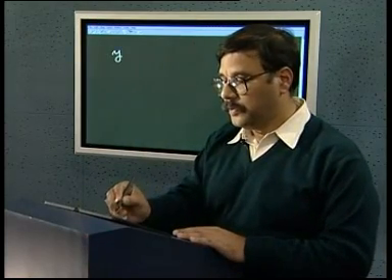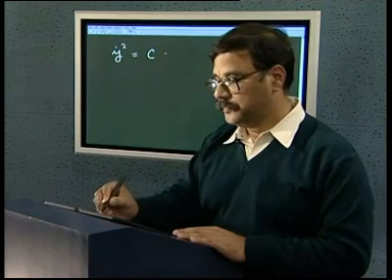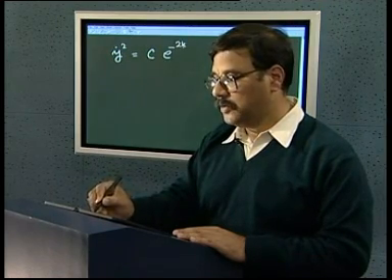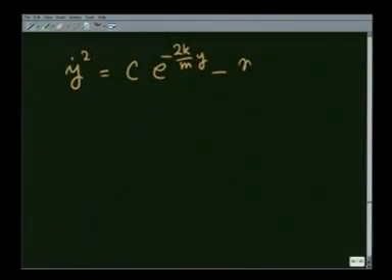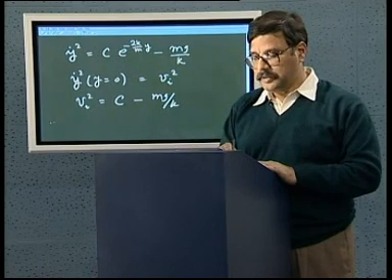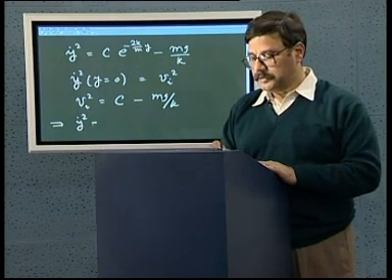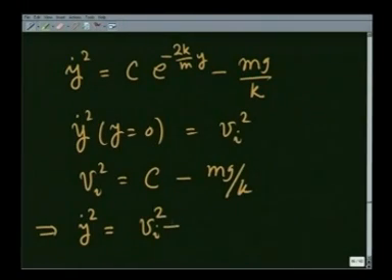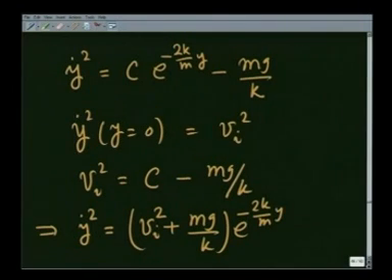So I have y dot square equals some constant c times e raised to minus 2k over m y, minus mg over k, and I know the initial velocity: y dot square when y is 0 is equal to v initial square, and therefore v initial square is going to be equal to c minus mg over k, and that gives me y dot square equals vi square plus mg over k, times e raised to minus 2k upon m y, minus mg over k.